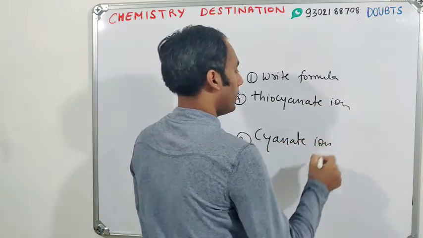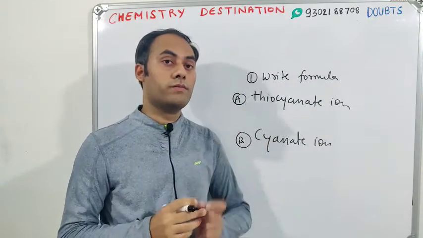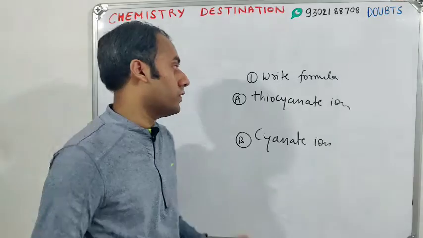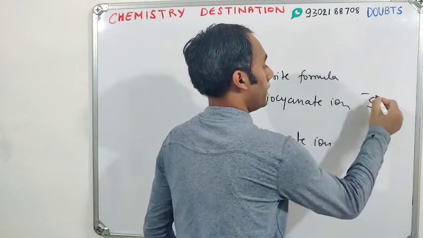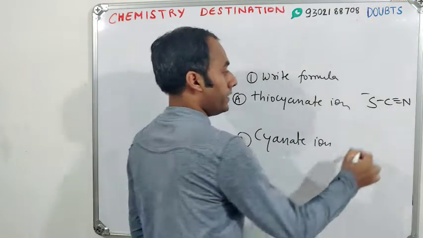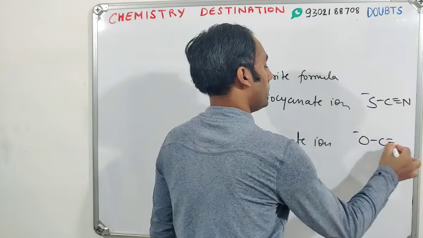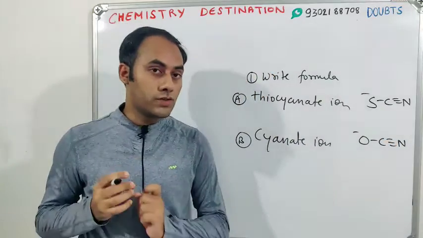I would like to request you to pause the video and try to attempt this question by yourself. Thiocyanate ion is S negative C triple bond N, and cyanate ion is O negative C triple bond N. I hope question number 1 is clear to you.